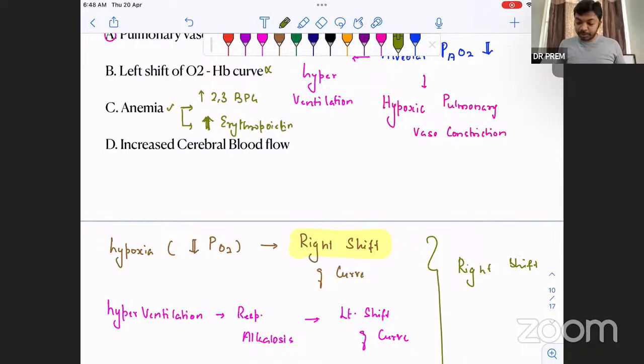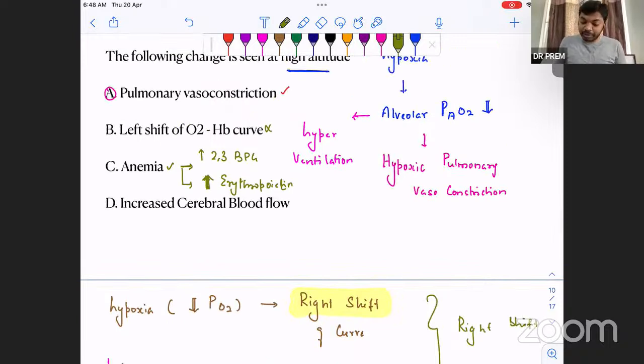There is decreased oxygen supplied to the tissues, which mimics an anemic state, which is why there is an increase in 2,3 BPG as well as erythropoietin production. Please remember, this is an apparent anemia and not a real anemia, doctors. Hence, we can exclude anemia as well. The subject is not going to lose RBCs. The environment simulates anemia.